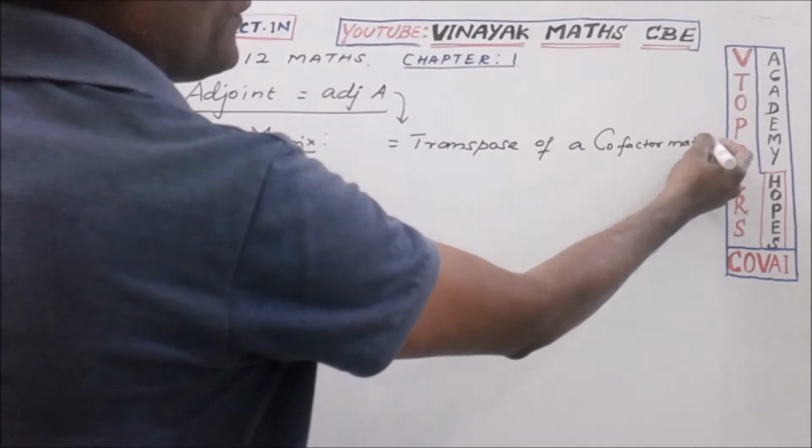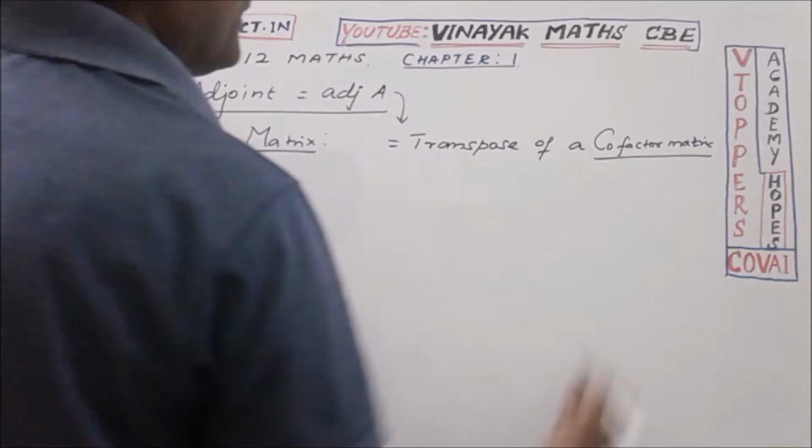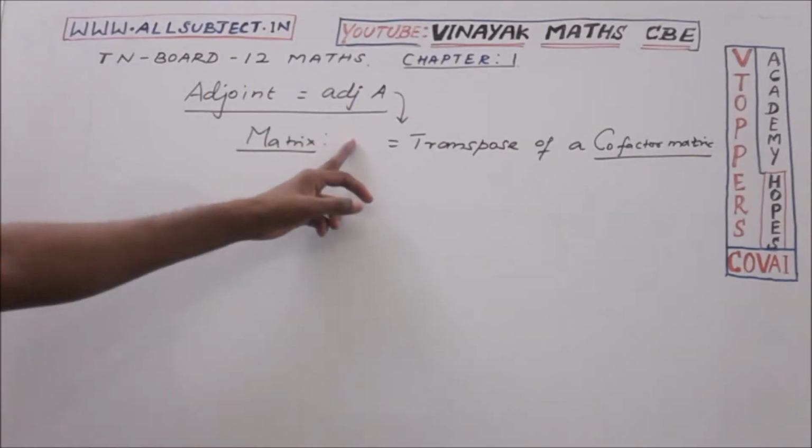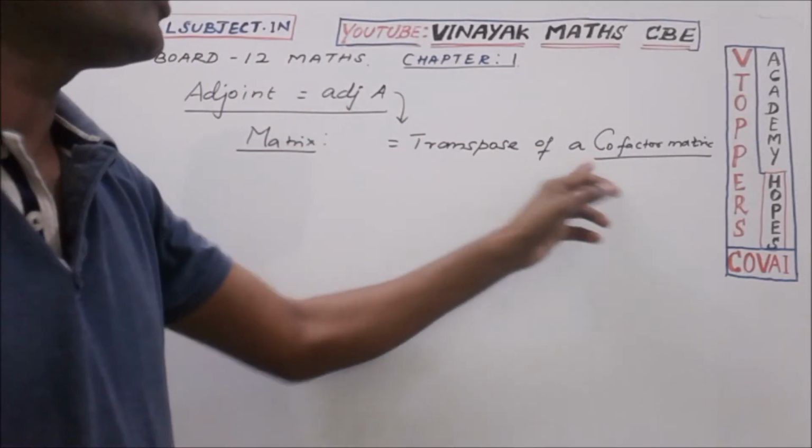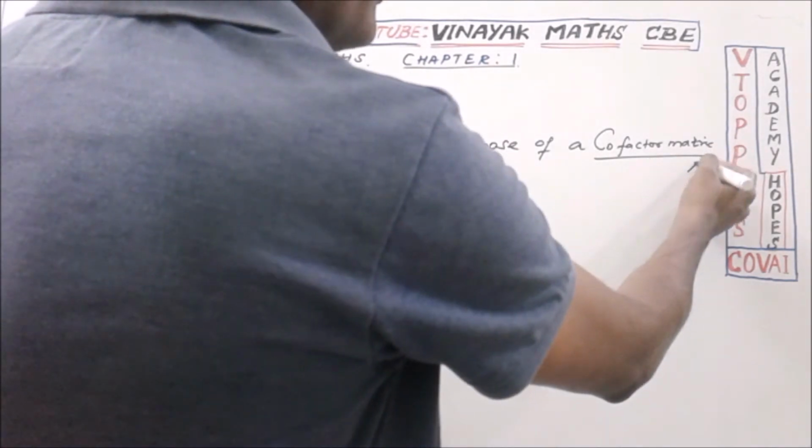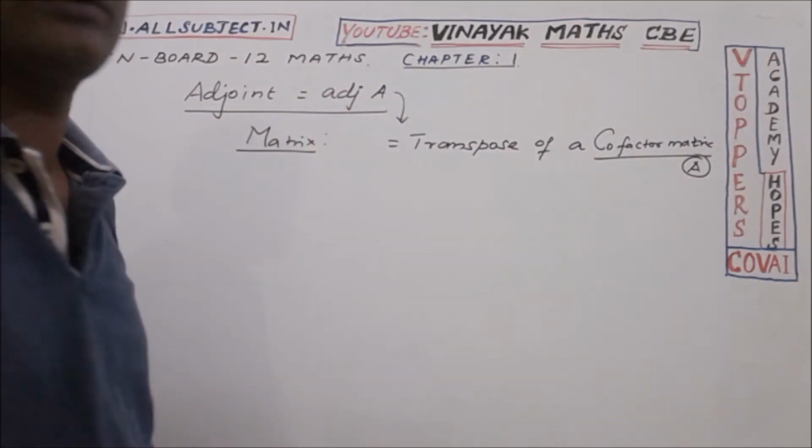Transpose of a cofactor matrix. Adjoint of a matrix A is nothing but the transpose of the cofactor matrix of A, the cofactor matrix of the given matrix.